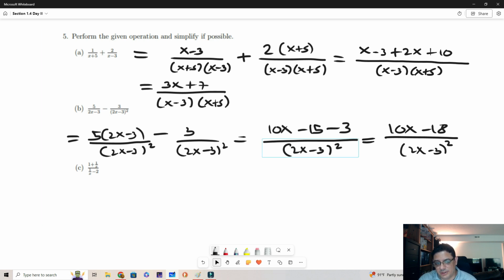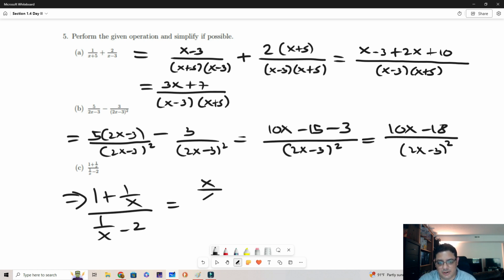Last but not least, we have one that has fractions and different numbers. This is very similar to the one that we did yesterday. We have 1 plus 1 over x, over 1 over x minus 2. Again, we look to have that common denominator. 1 can be seen as x over x, and this is plus 1 over x.